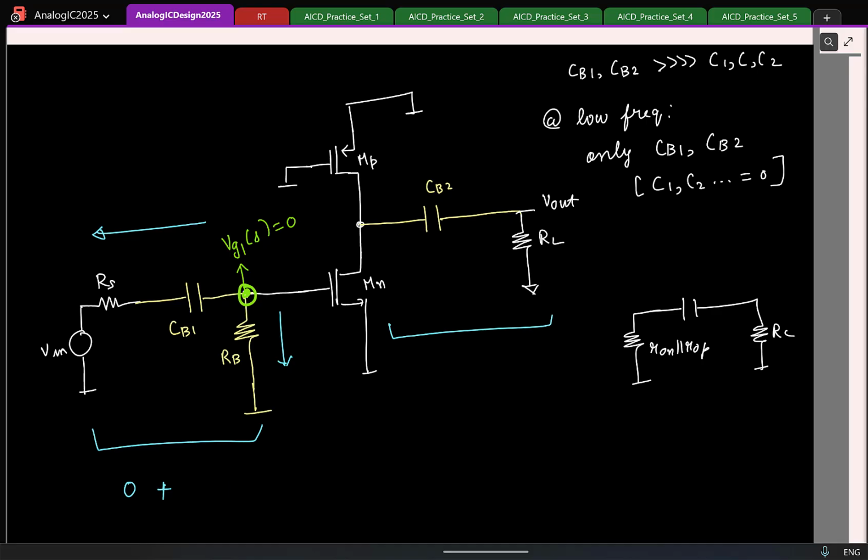Sorry, 0 minus Vin of S by RS plus 1 by SCB1 must be equal to 0. Clear? So if you solve this, I mean simplify this, I get Vin of S times SCB1 to be equal to 0.